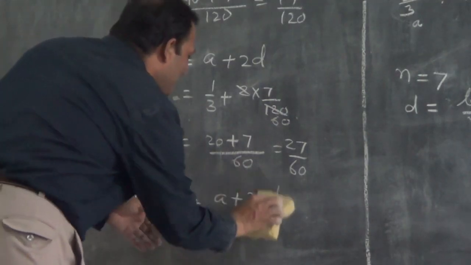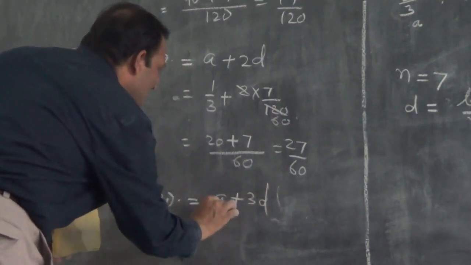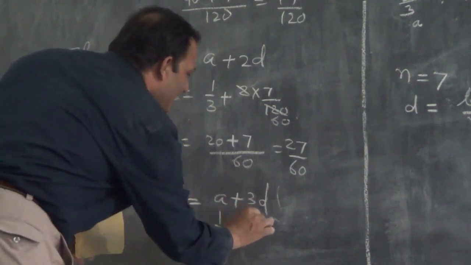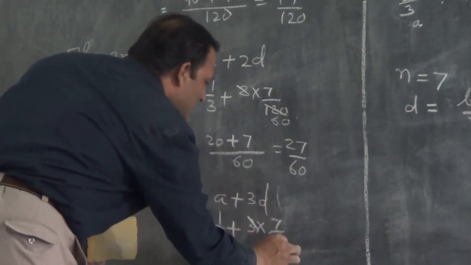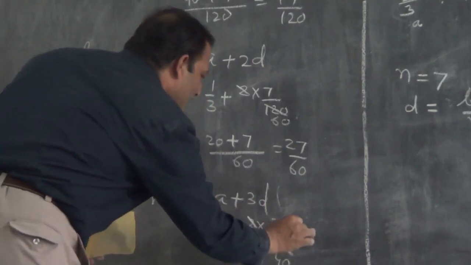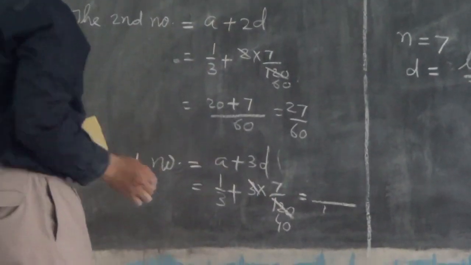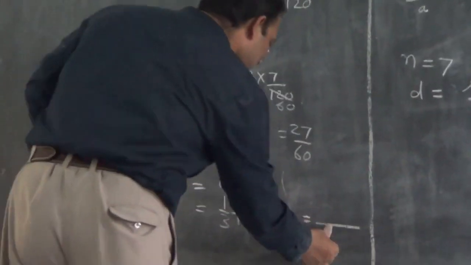A plus 3D, that is 1 by 3 plus 3 into 7 by 120. You can cancel here 40 and then we get here LCM. LCM how much, children? LCM 120.